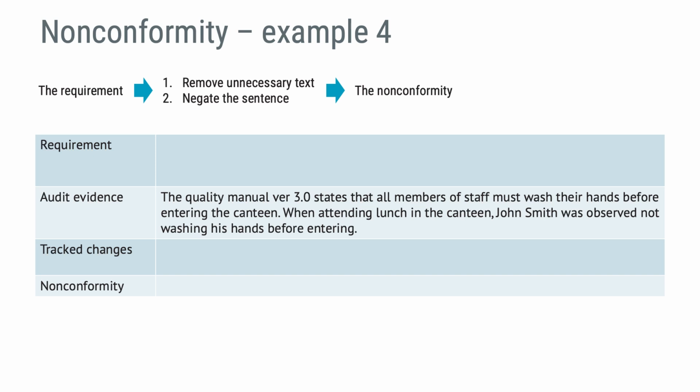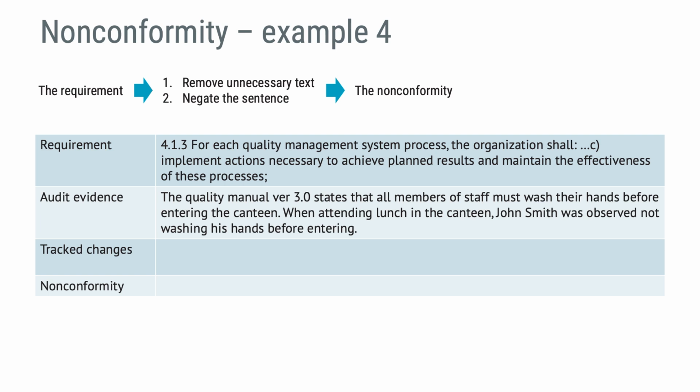The first question is if this really is a nonconformity, and I would say that it is. The auditee states that certain things must be done in the quality manual, and John Smith didn't wash his hands. As there is no specific clause for this situation, the clause to use is 4.1.3, which says that for each quality management system process, the organization shall, and I've omitted a and b and gone directly to c, implement actions necessary to achieve planned results and maintain the effectiveness of these processes.